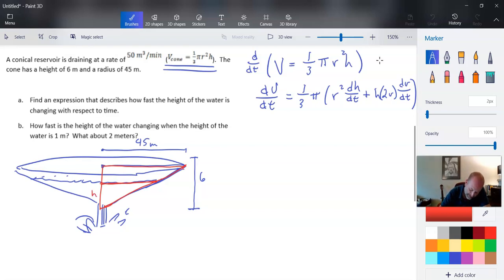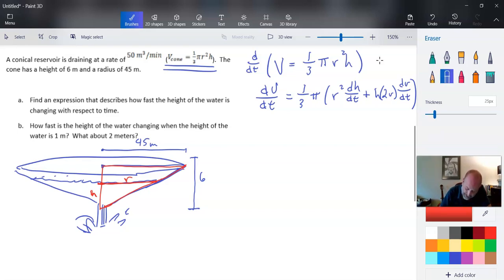We don't know what the height is. And the radius changes, because as it sinks into this cone, the radius of the actual water is going to get smaller. And it's going to keep this relationship between h and r, no matter how small they get, that ratio will still stay the same. So we can set up a proportion here.